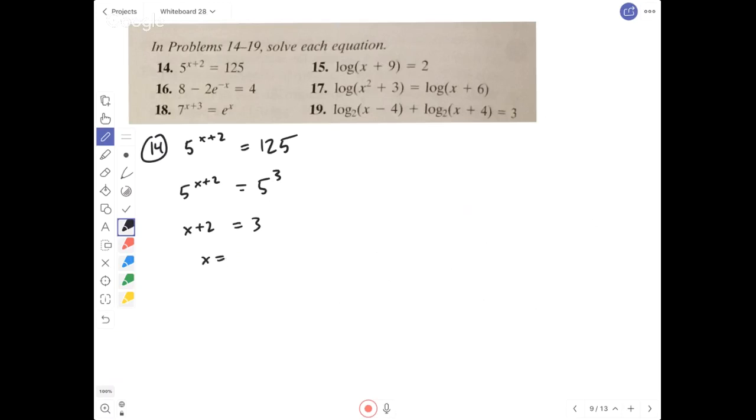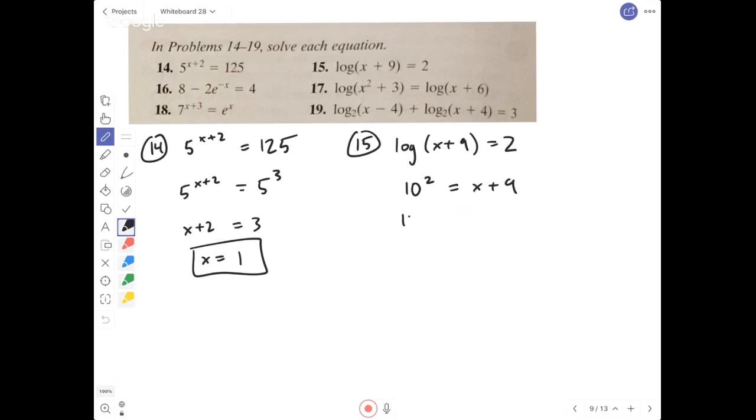So x equals 1. 15. Log of x plus 9 equals 2. So that means 10 squared equals x plus 9. So 100 equals x plus 9. So x equals 100 minus 9 is 91. That was 14 and 15.